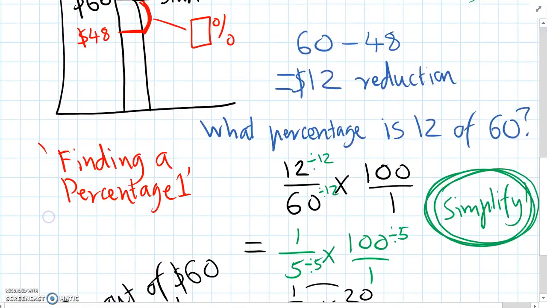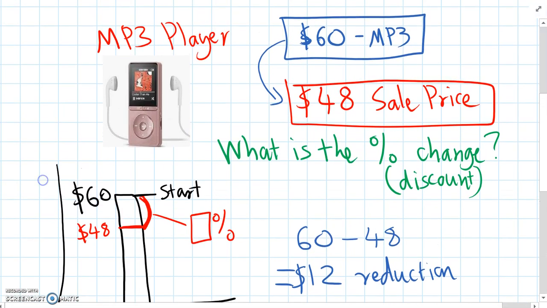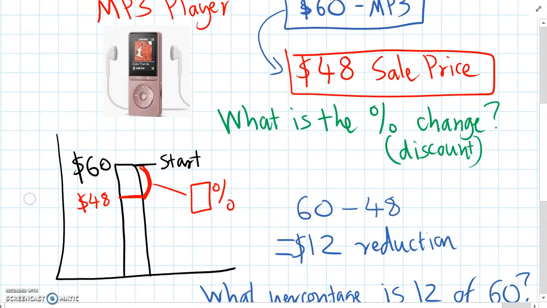So back in our original question, the MP3 player started at $60, it went down to $48, which means it reduced by 20%. So instead of saying a $12 reduction, we can say a 20% reduction.